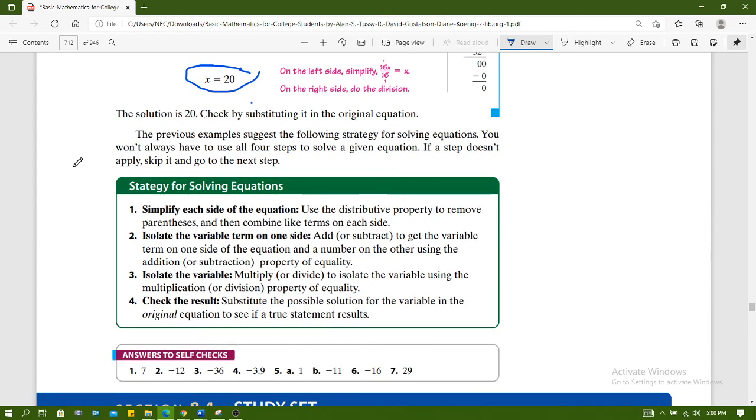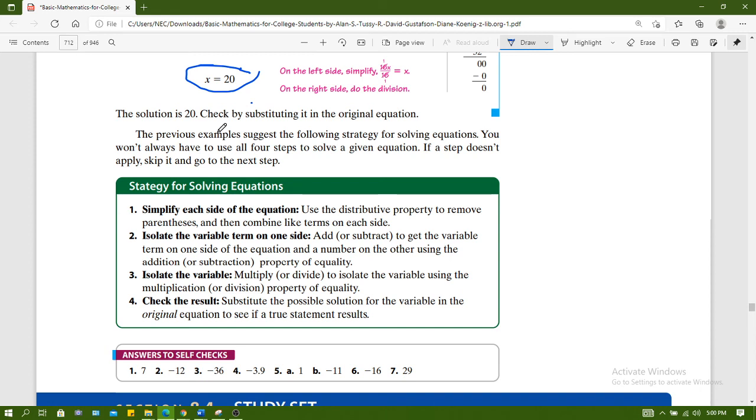So the previous example suggests the following strategy for solving equations. You won't always have to use all 4 steps to solve a given equation. Okay? Dili tanang panahon kani jud silang upat ka steps imuhang gamiton kung mag-solve kag equation. But if a step doesn't apply, skip it and go to the next step.